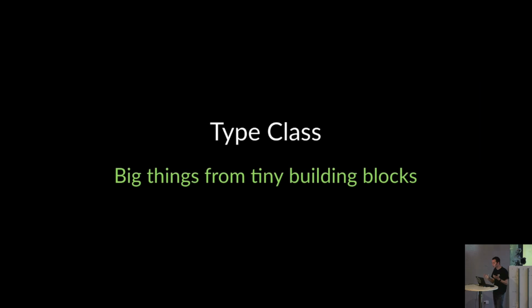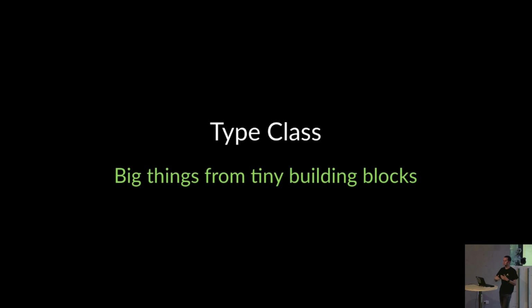So the pattern is called type class or type classes, and it's really all about building up big things from little tiny building blocks. And that's a very good thing, right? Because generally speaking, we're quite good at writing small pieces of code. And if you're like me, you're not so good at writing big pieces of code. So let's take a look at this problem.